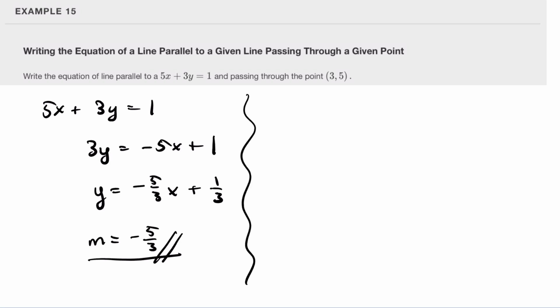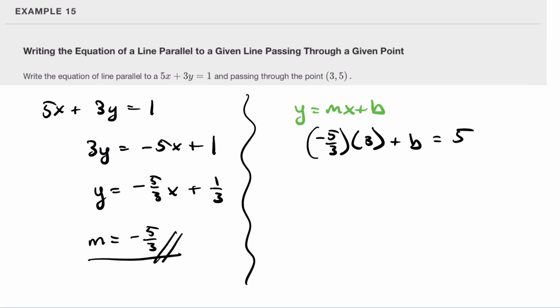Now we wanted to pass through the point 3, 5. Again, I'm just a fan of using the slope-intercept formula, y equals mx plus b. Our slope is negative 5 by 3, our x is 3, we're solving for b, and our y is 5.